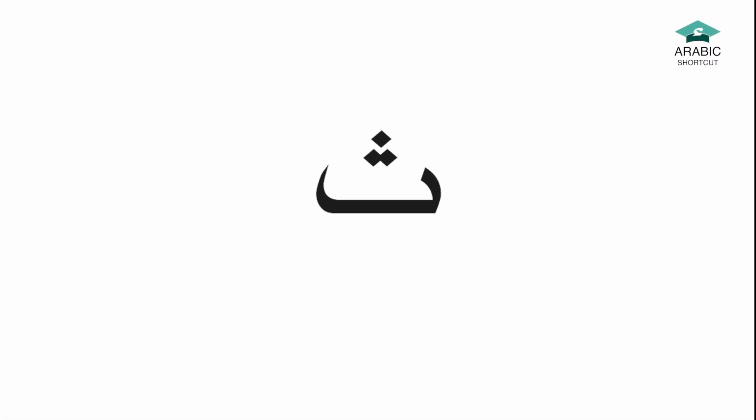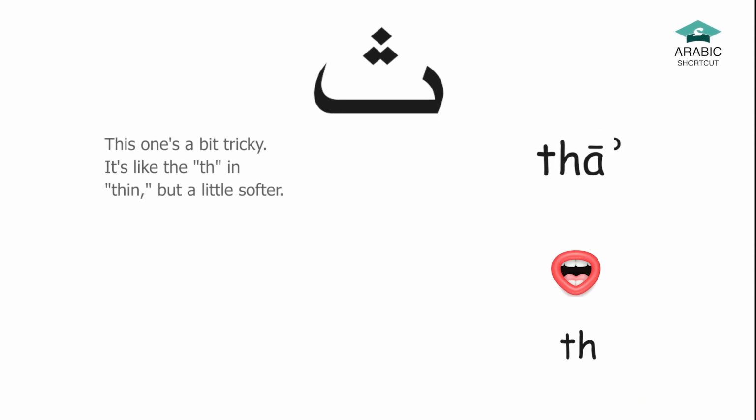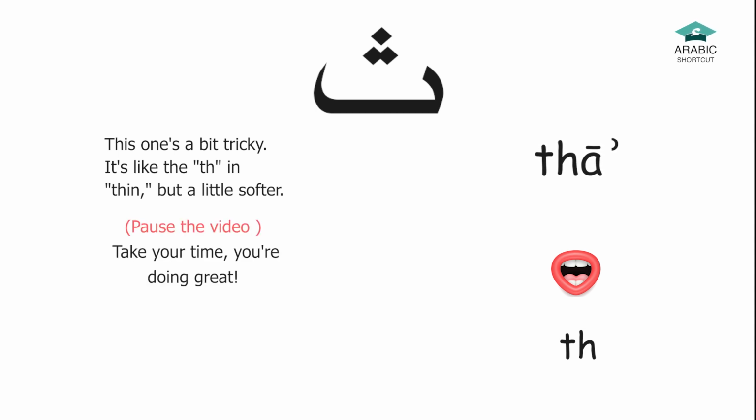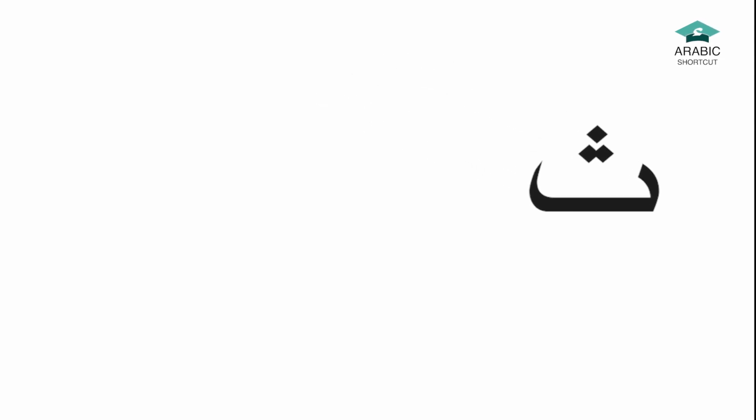حرف الثاء. ثاء. This one's a bit tricky. It's like the th in thin, but a little softer. Pause the video. Take your time. You're doing great. Tha. See, you're a natural.